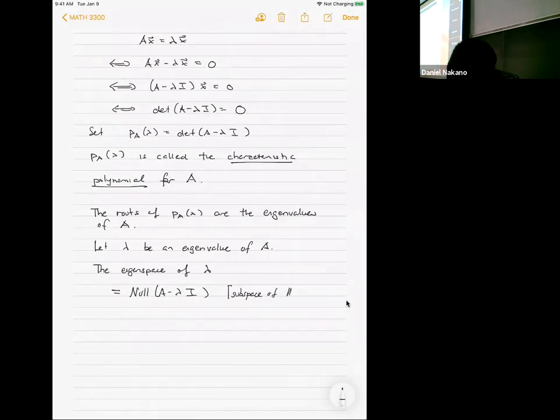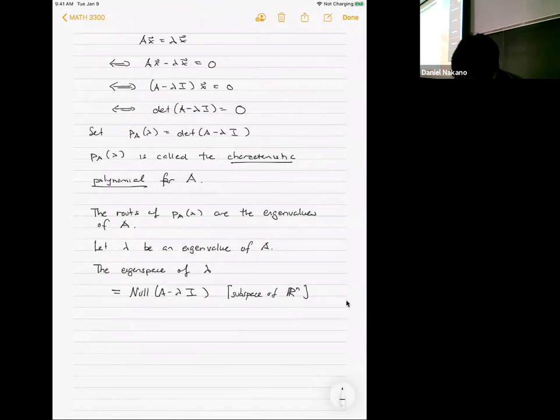We know how to compute null spaces using Gaussian elimination on A minus lambda I, and we know how to find a basis too: we look at the free variables and the vectors next to them in the solution, and that gives us a basis.